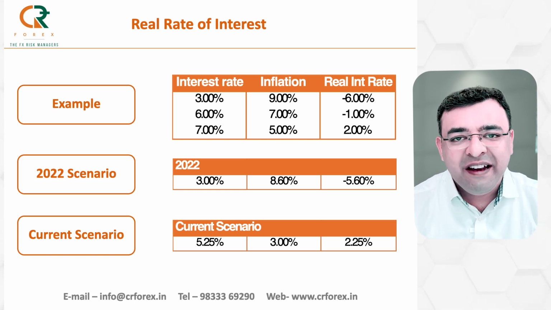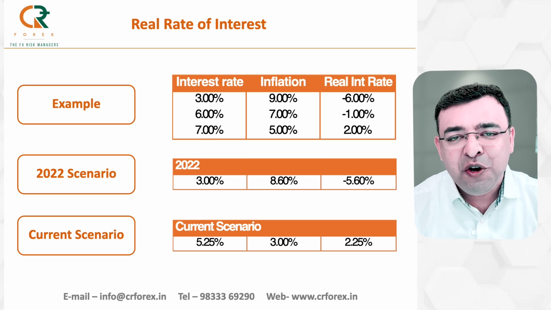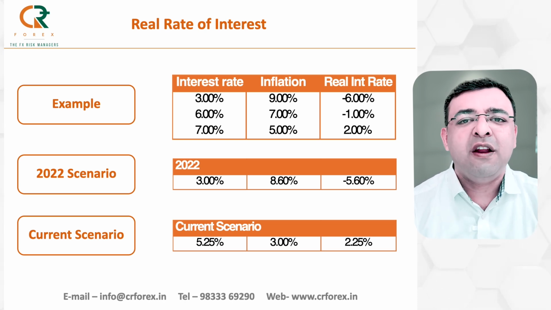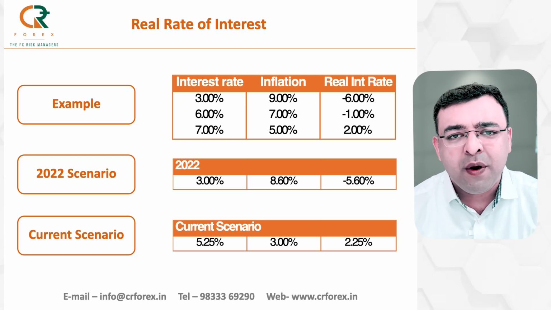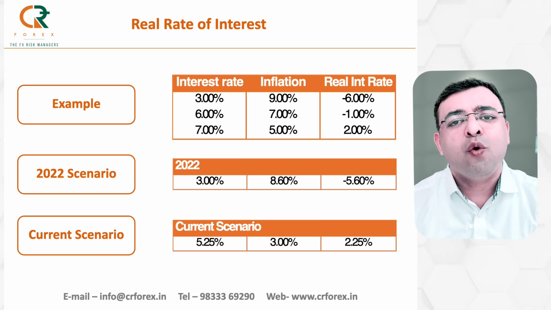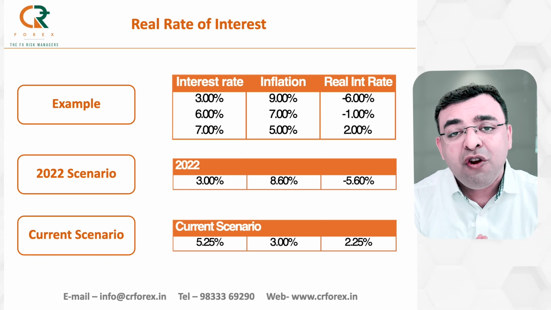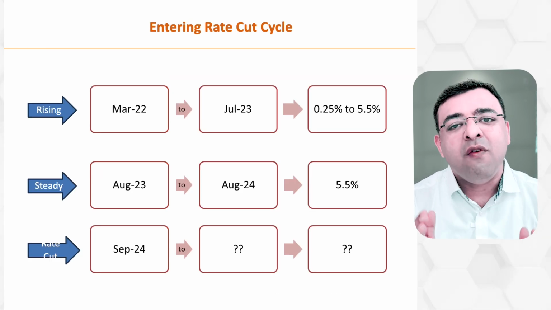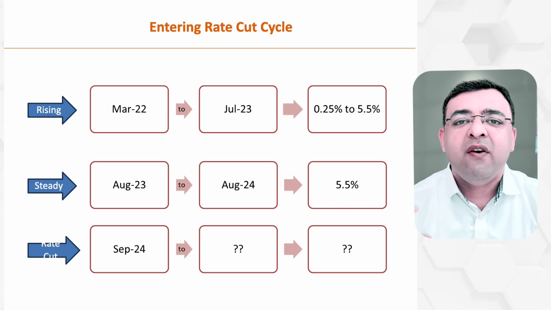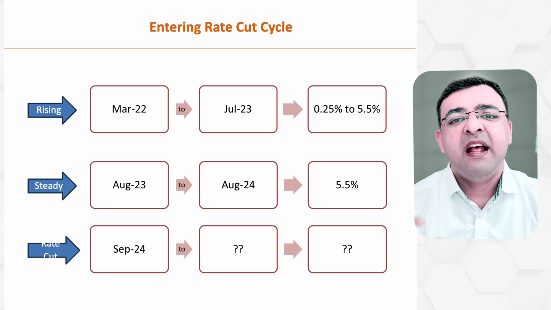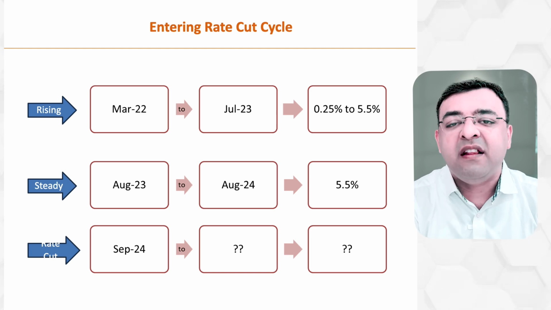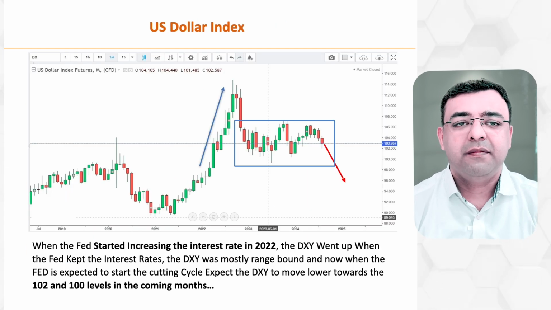Why? Because the interest rate in the economy is 5.25% and inflation is close to 3 to 3.2%, so the real rate of return is close to 2%. In the history of the last 70 years, we have observed that whenever Fed is at a positive real rate of interest, they can go and cut the interest rate.